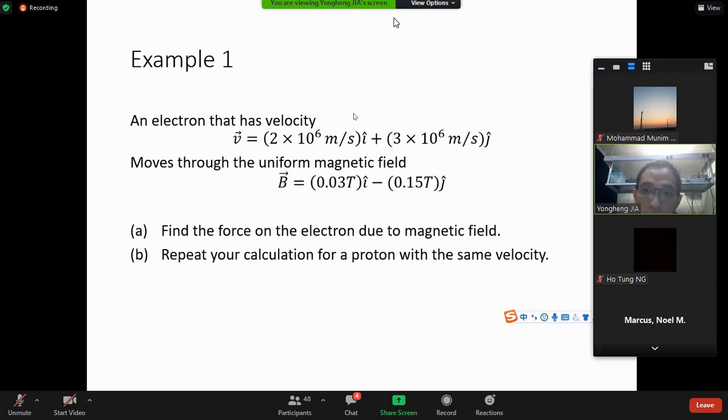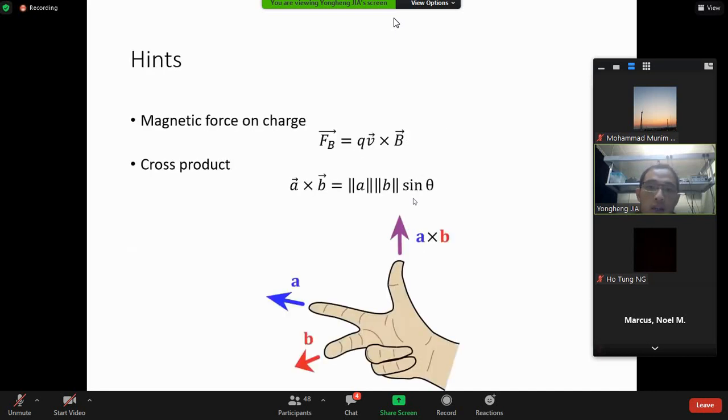Okay, this example is quite easy. When we calculate the magnetic force on a charged particle, we can use this formula: F equals Q times V cross product with B. Remember the sequence is V cross B. For the cross product, the magnitude we can get from this formula, and for the direction, we can use the right hand rule.